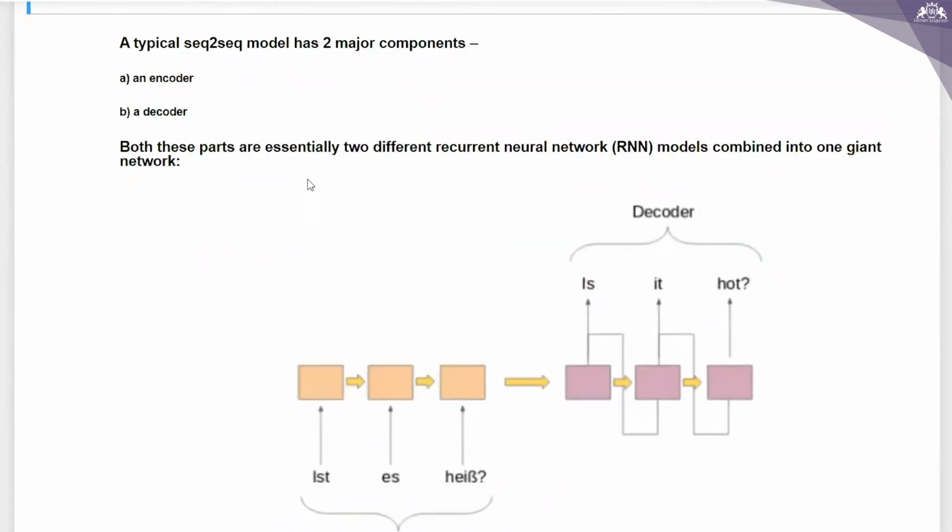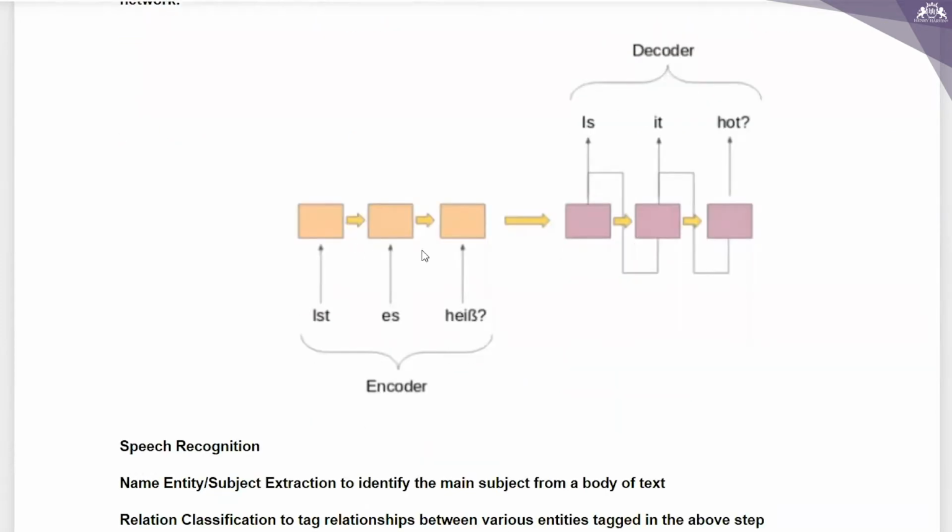Both encoder and decoder are two different recurrent neural network models combined into one giant network. You can see over here, this is the encoder and this is the decoder, right?